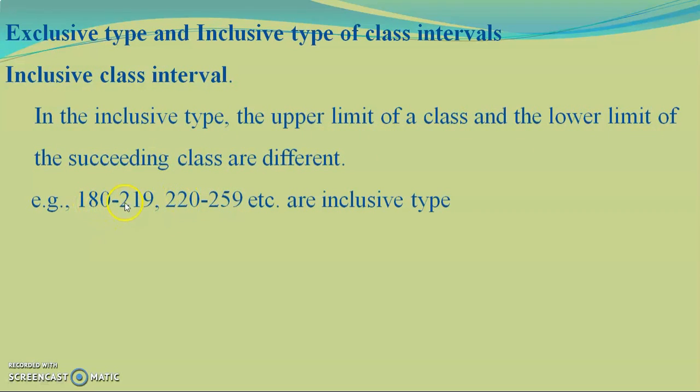So 180 to 219, then the next class is 220 to 259. So there is no repetition. The upper limit of this class is different from the lower limit of the next class. Such a class is called an inclusive class interval.